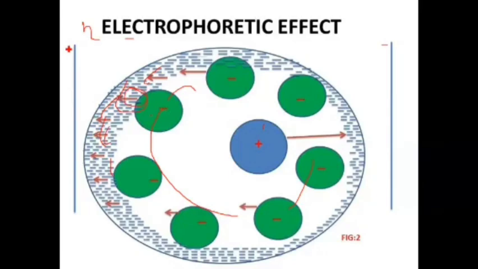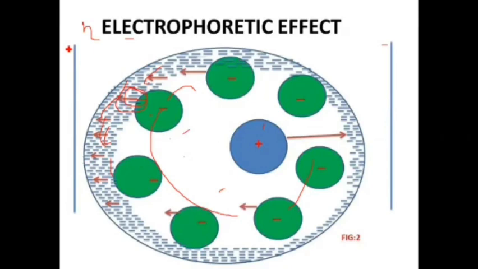Due to the presence of the solvent molecules along the ionic atmosphere, it causes a retarding influence on the momentum of the movement of the ions. So this phenomenon is known as electrophoretic effect.